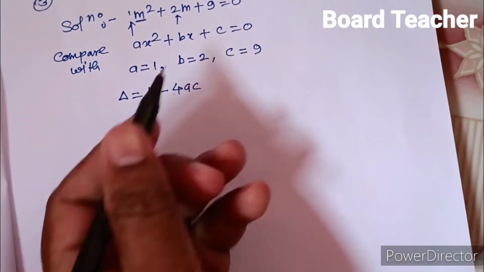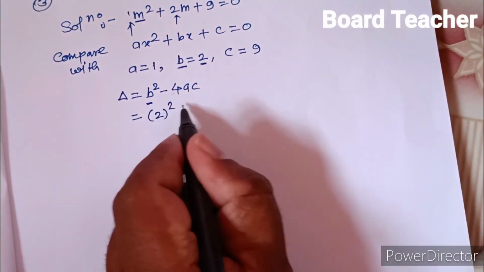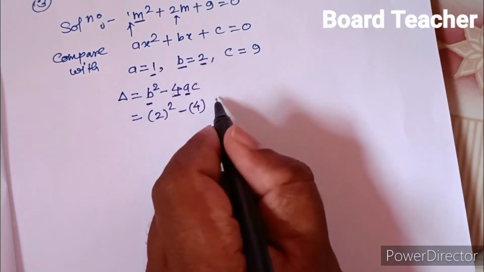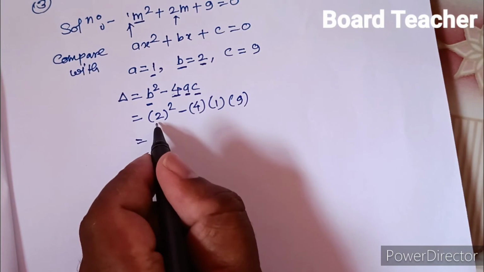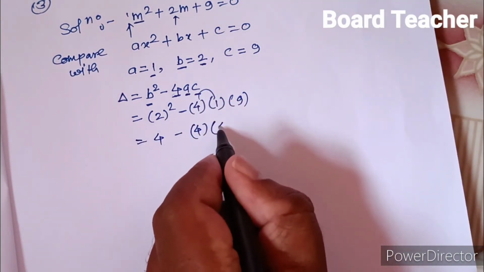Here write down the value of b, that is 2 square, minus 4 as it is, the value of a, that is 1, and the value of c, that is 9. Thus 2 square is 4, minus 4 into 1 into 9.